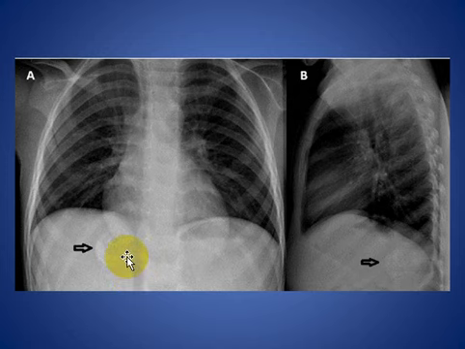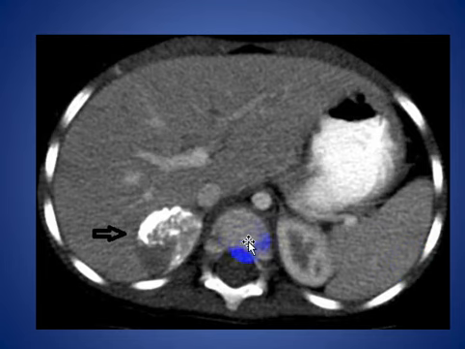Here is a child, 3 years old, with calcification in the right adrenal region located posteriorly, and this calcification is most likely due to adrenal neuroblastoma. And here we see the CT scan of this patient with calcification in the right adrenal gland with some necrosis.